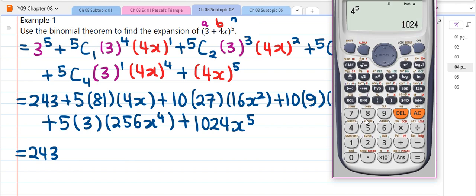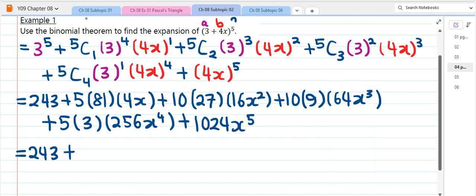For the first one, 5 times 81 times 4 will be 1620, so 1620x. For this one, I just write down the answer straight away, and you can double check it after you have watched the video.